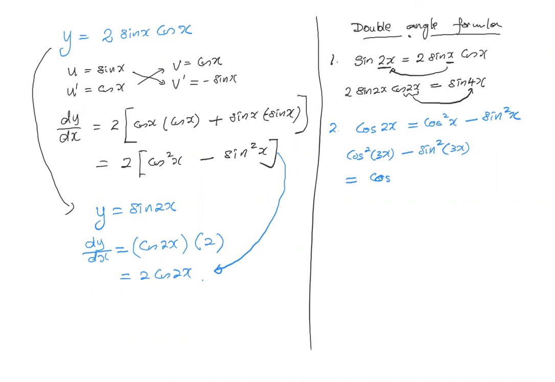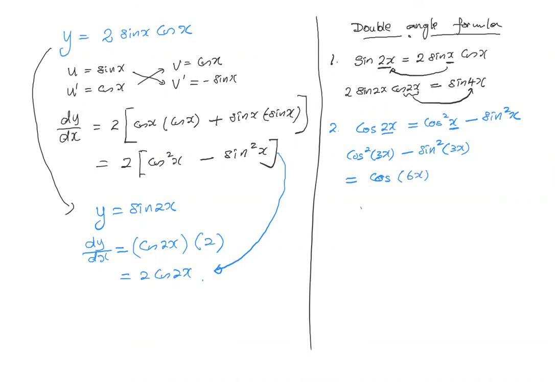Cos how many x? This angle is always double of this. Ethan? Double of 3x is 6x. Then you can differentiate it easily.